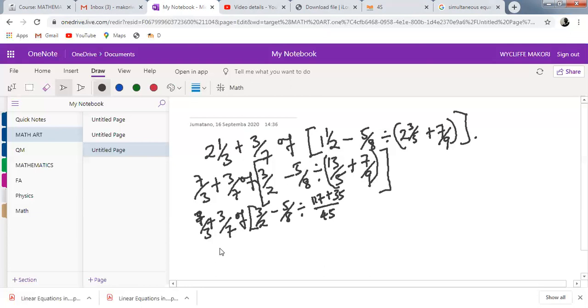So at the end of the day, we are going to have 7 over 3 plus 3 over 7 of 3 over 2 minus 5 over 8 divided by, this one is going to be 117 plus 35, which is equal to 152 over 45.